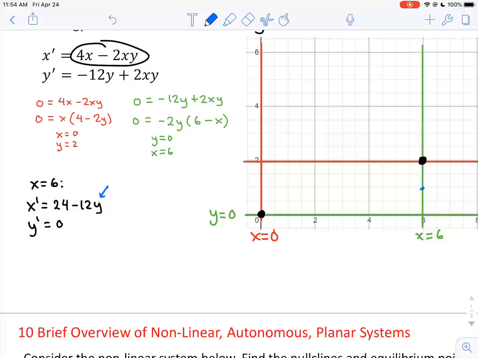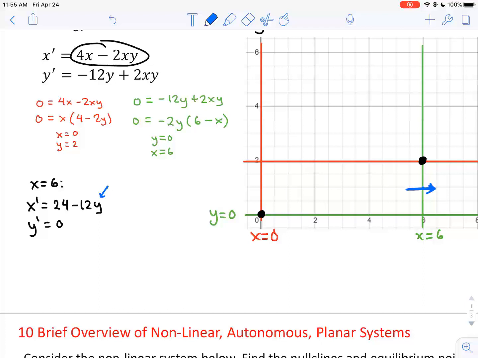Well, that's positive. That's suggesting that the solution through this point is trying to head this direction, if x prime is positive. And if x prime is positive and large, you can make a larger arrow or something like that. So you can use the length of the arrow to indicate how quickly we expect the solution to be changing.